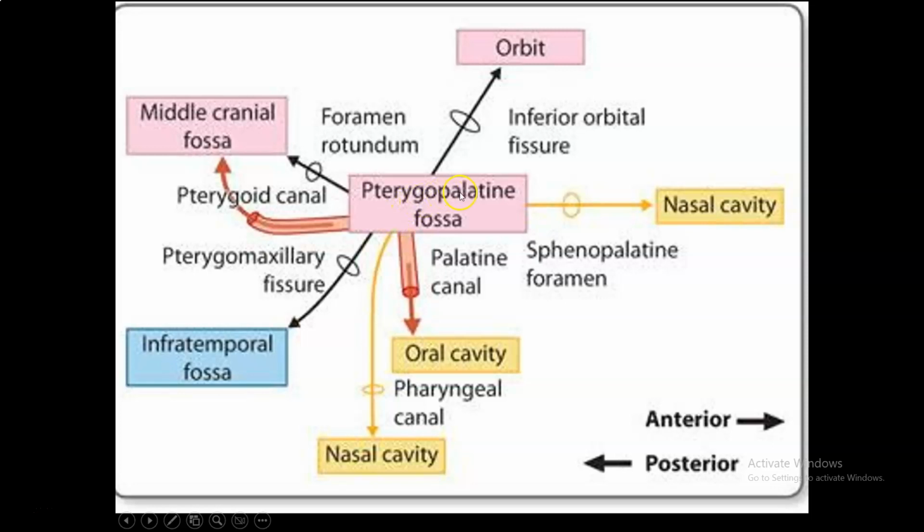So anteriorly, nasal cavity, anterosuperiorly, the orbit, superiorly, foramen rotundum, pterygoid canal, middle fossa, and laterally, infratemporal fossa, inferiorly, oral cavity and nasal cavity through the palatine canal, and also anteriorly, sphenopalatine foramen, the nasal cavity.